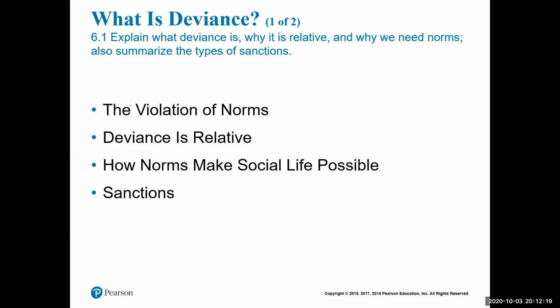Deviance is relative. Some people end up with a stigma that actually ends up causing deviance towards them. A person does not even have to do anything. Like I said, it could be a stigma.